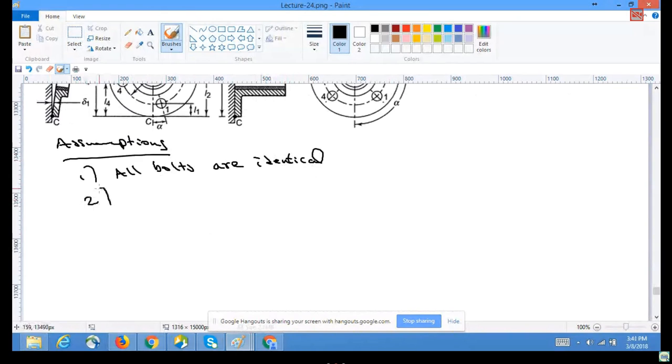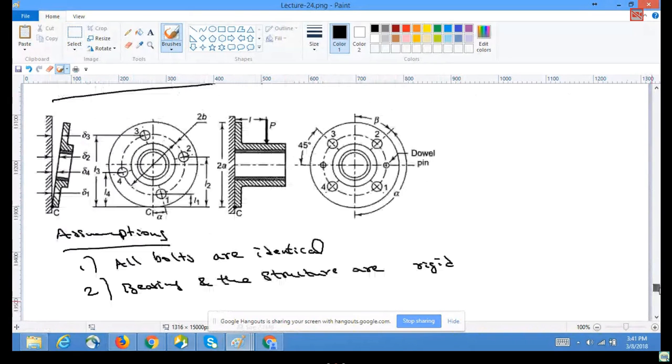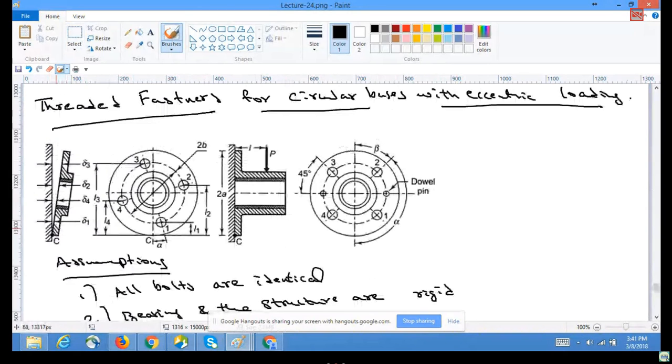Second thing is, both the bearing and the structure are rigid. That means only bolts are deformed. In that case, this kind of deformation is possible, where this section remains flat as it is, and only the bolts are deforming.